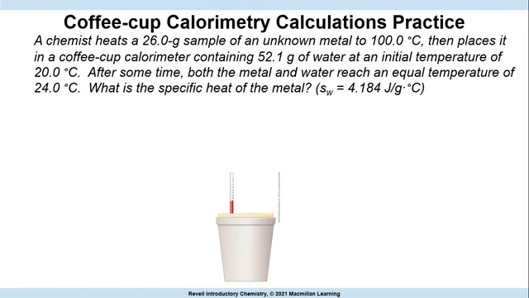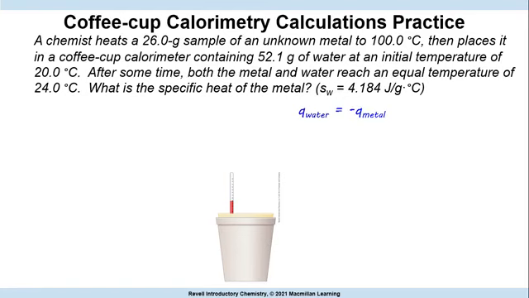After some time, both the metal and water reach an equal temperature of 24.0 degrees Celsius. What is the specific heat of the metal? Here we are given the specific heat of water to be equal to 4.184 joules per gram per degree Celsius. So how do we start solving this problem? We start by stating the formula first.